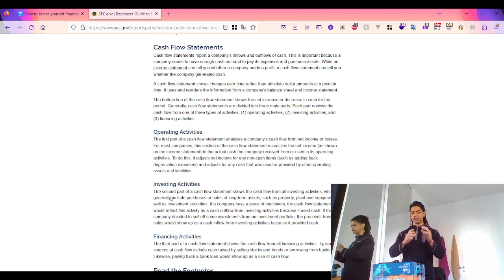Intangible assets such as patents, which are exclusive rights given to inventors so they can manufacture, distribute, and sell their inventions over a period of time.